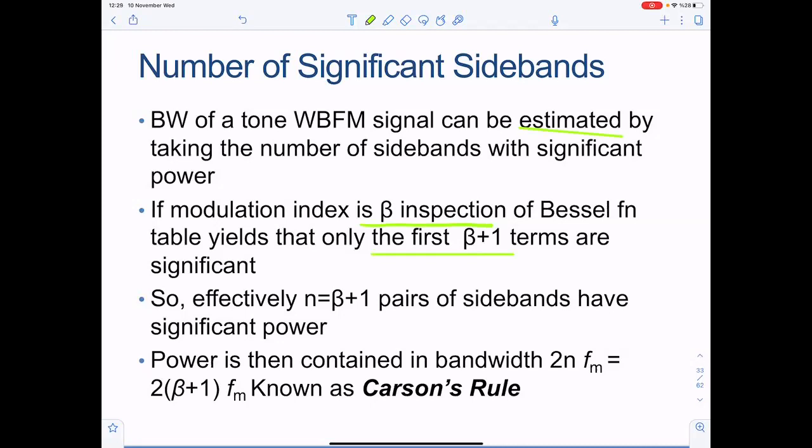So then the power is contained in a bandwidth of 2n times fm in the case of a tone modulating signal, because we have n sidebands to the right of fc and n sidebands to the left of fc. Overall, they span 2n times fm bandwidth. Therefore, since n is beta plus 1, this is twice beta plus 1 times fm. This is known as Carson's rule.